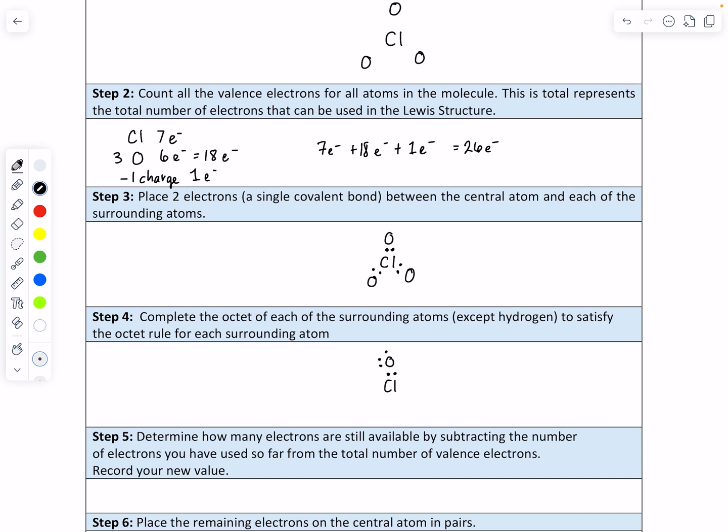One, 2, 3, 4, 5, 6 gives oxygen 8. Oxygen has 8.